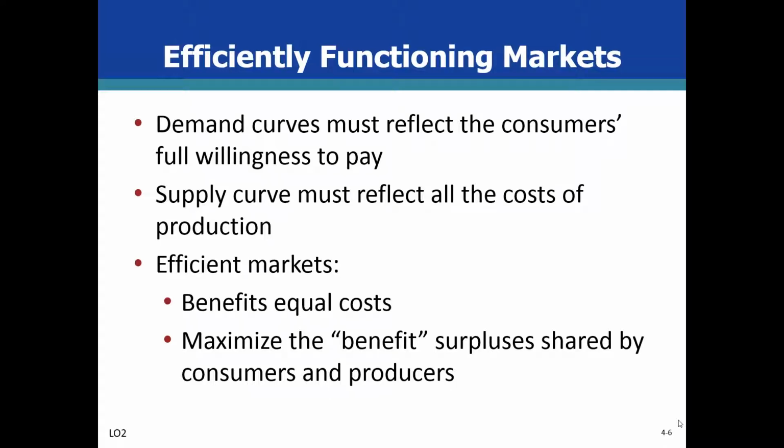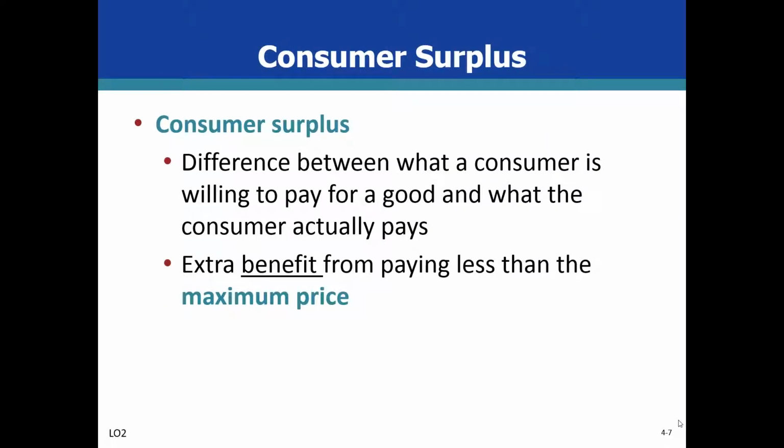We're also going to take a look at a condition where that does not exist, but I want to go through the consumer surplus and the producer surplus first. Let's take a look at these two surpluses.